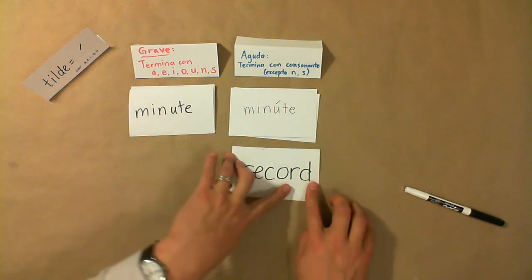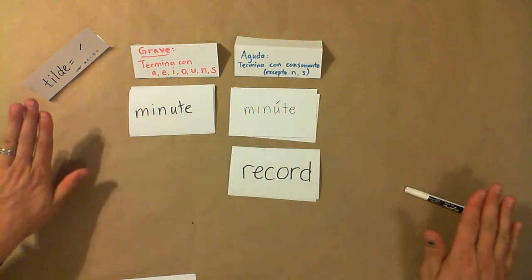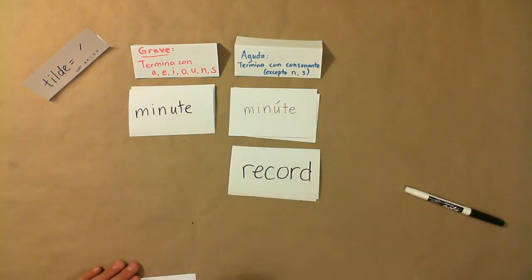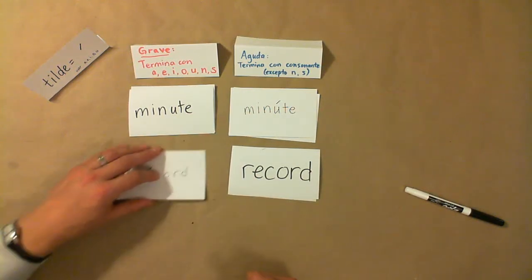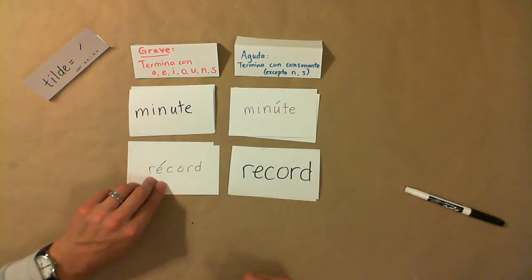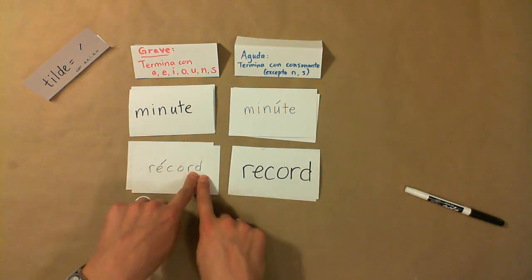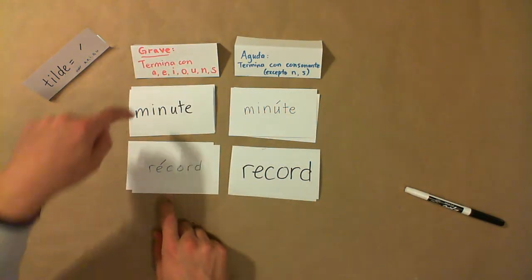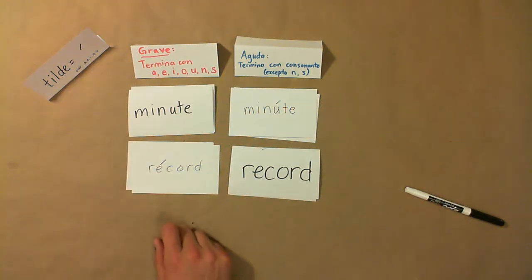You find a new word with a consonant at the end and no accents on it, no tildes, that is pronounced aguda, stress at the end. This then is the exception, record, because it ends with a consonant, but we want to pronounce it grave, like MInuto, RECord, this kind of thing.